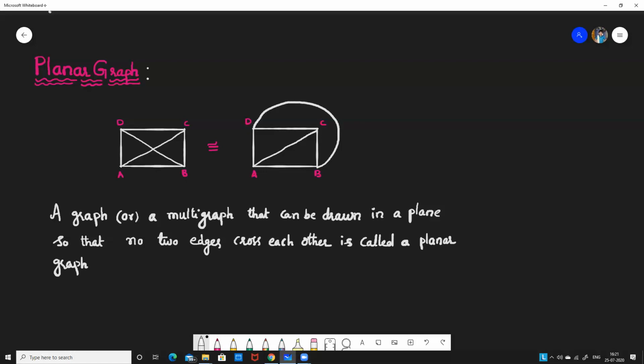I'll take one more example to explain what is the meaning of planar graph. Suppose we have four vertices here.